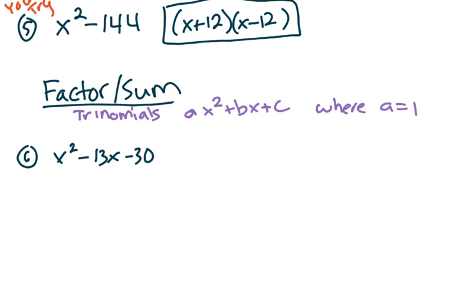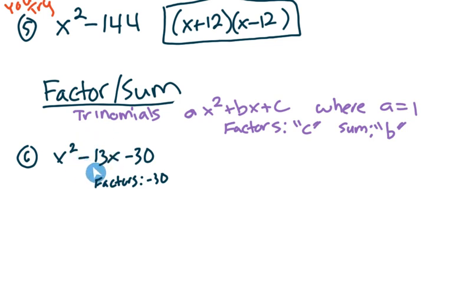So how we factor using factor sum is we look for factors of our c term. So this is our number without a variable. So here this would be factors of negative 30 that have a sum, which means they add to our b term.